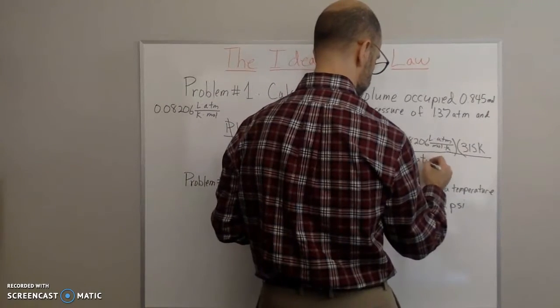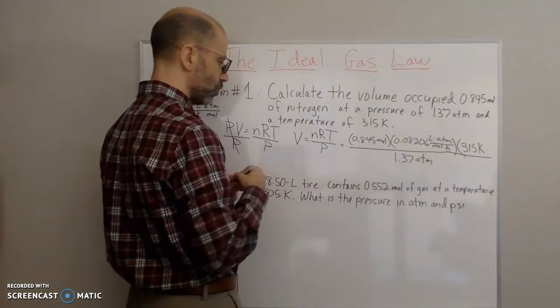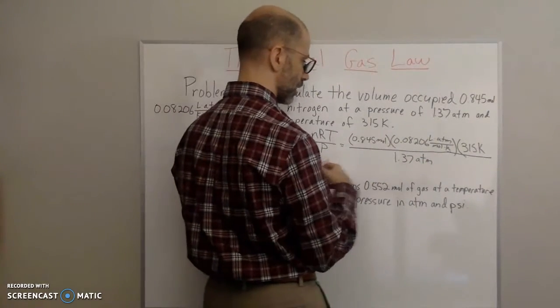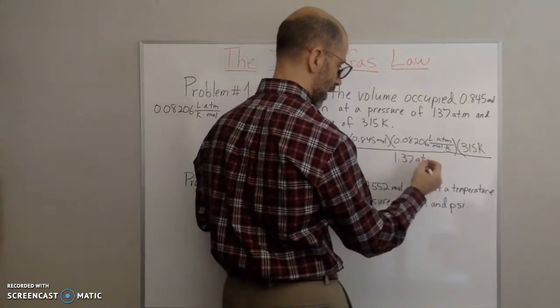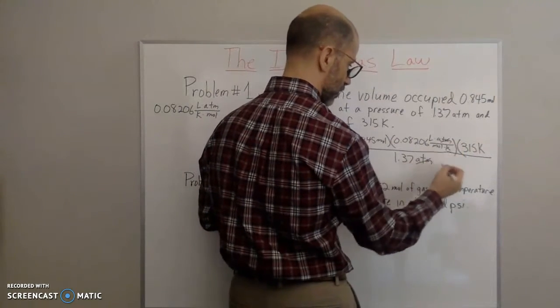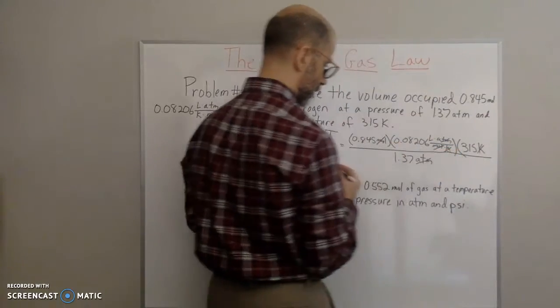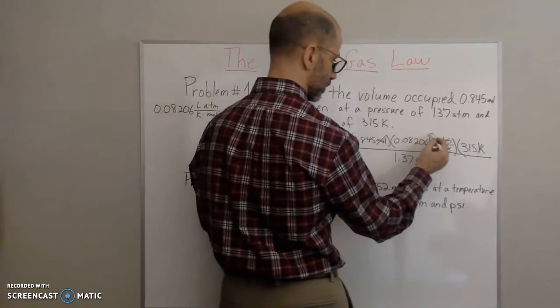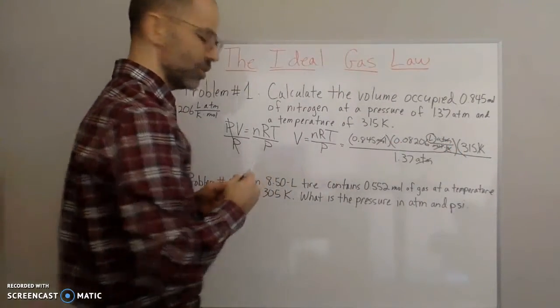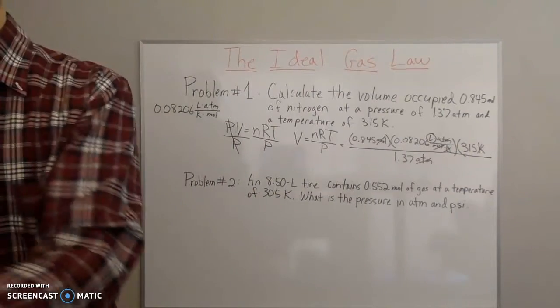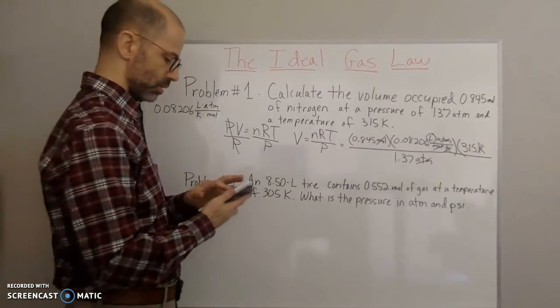1.37 atmospheres. And then what you should notice is that the units will cancel out with the units here. So atmospheres is going to cancel out, Kelvin is going to cancel out, and moles is going to cancel out. So what we're left with is liters. So all we need to do is do the calculation.